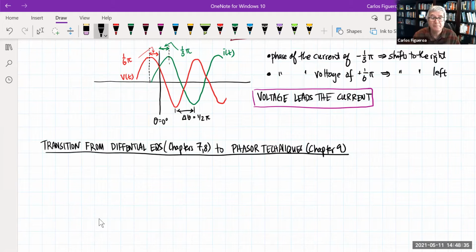So this is a pretty mathematical chapter. So let's see if we can do this right.